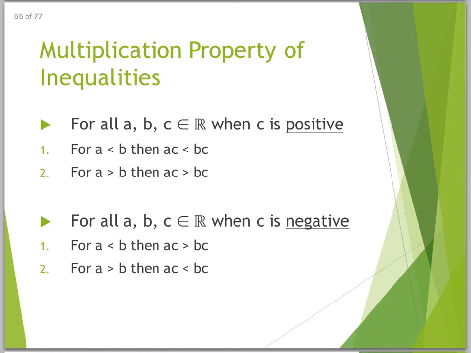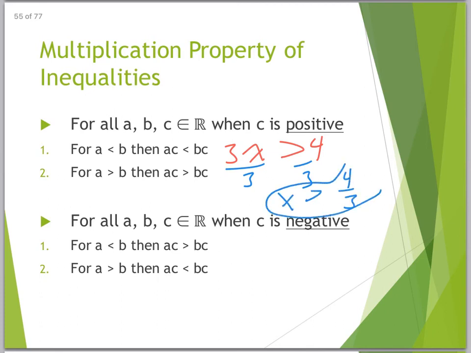So if I have 3x is greater than 4, I go ahead and divide off that 3, and x is greater than 4/3. There we go. But here's where it gets hairy: if my c, the thing I multiply or divide by, is a negative, that's going to change things a bit. I'm going to show you that in the next slide here.